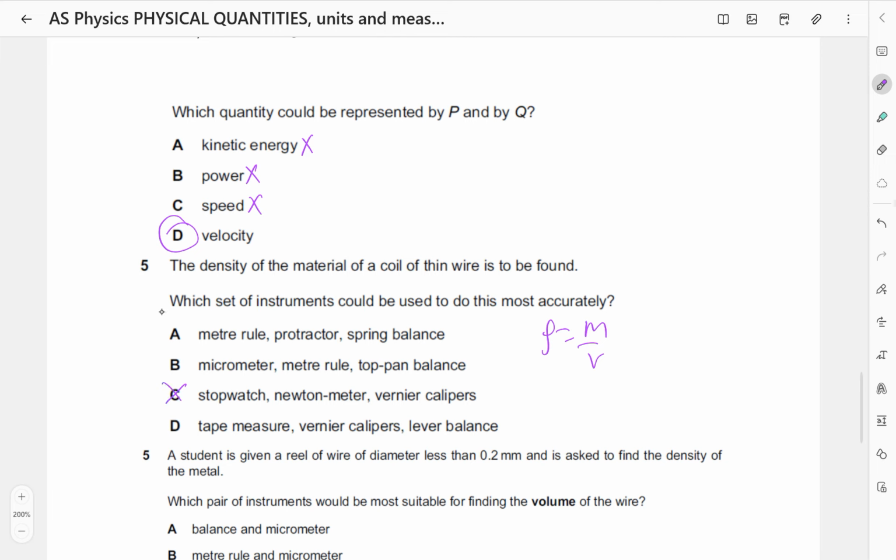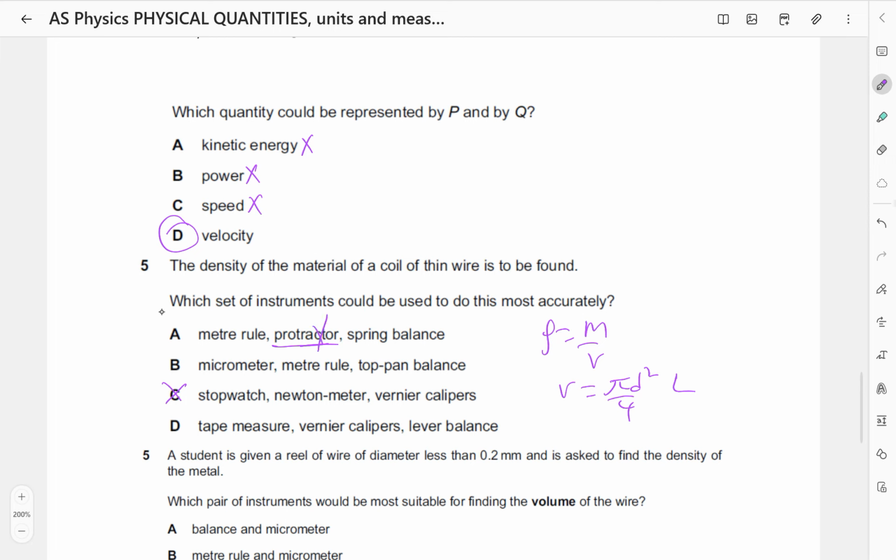So we don't have an instrument to measure mass in C, so C is out. We need an instrument for volume, which is pi d squared over 4, times the length L. To measure the length, we need an instrument to measure length, and we need an instrument to measure diameter. So here, protractor will not measure diameter, although the meter rule measures length.